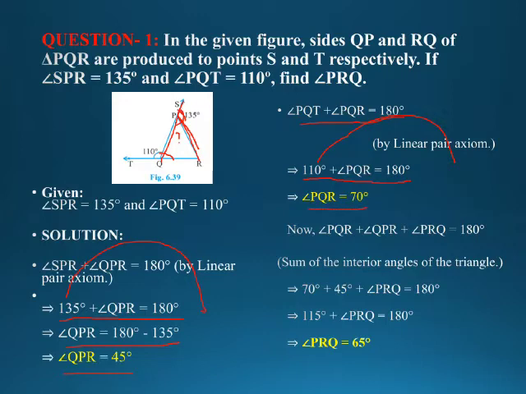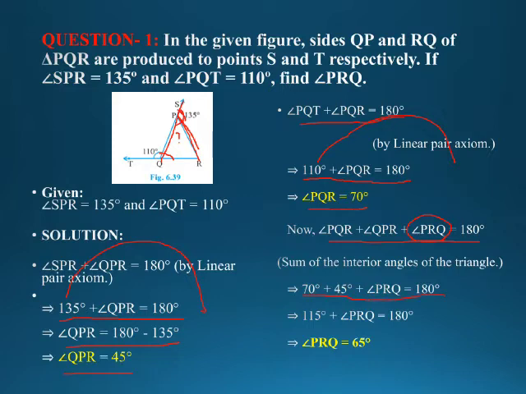Next we use the angle sum of a triangle. So angle PQR plus angle QPR plus angle PRQ equal to 180 degrees. Now we have to find this angle PRQ. Angle Q value is 70 degrees, angle P value is 45 degrees.